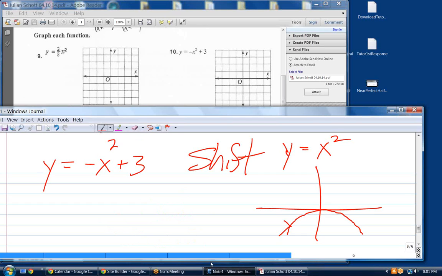What does a vertical shift of +3 do? Does it make it -3? No, it moves it straight up. In other words, there's 3. So now this parabola is going to look exactly the same. You could almost say it's parallel to this one. So there's my parabola, and that is what it is.